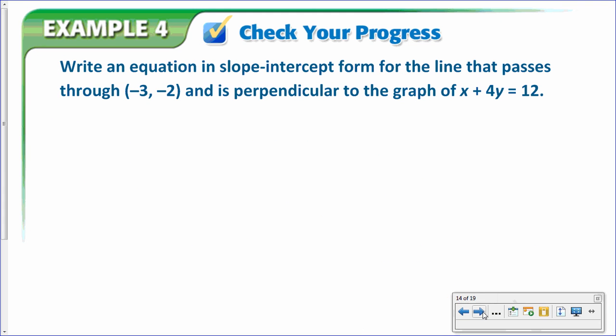Here's the CYP, you may want to write this one down. I think there's some room over to the right of there, and then underneath step 2.